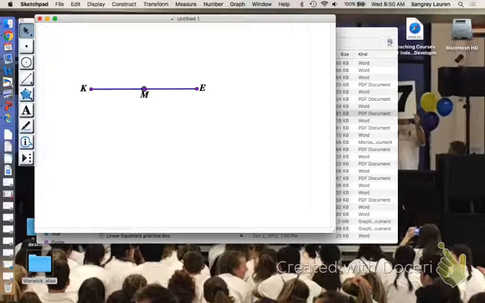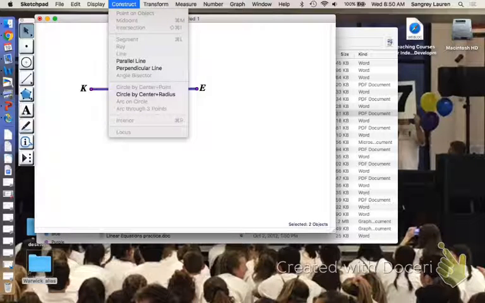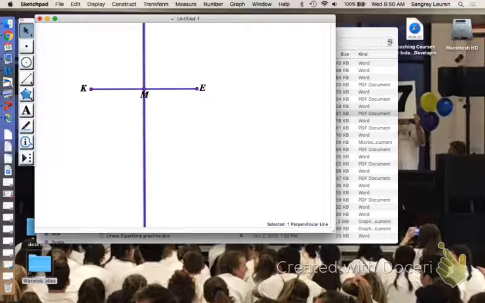So I need to make sure that this is highlighted so that the computer knows that I need it to go through the midpoint. And I also need to highlight the segment so that the computer knows this is the segment that it has to go through. So I'm going to say construct perpendicular line. Now we know that this is a perpendicular bisector because it's going through the midpoint. I made M my midpoint.